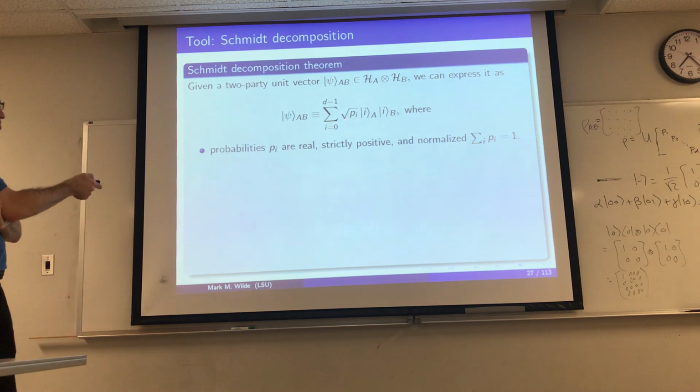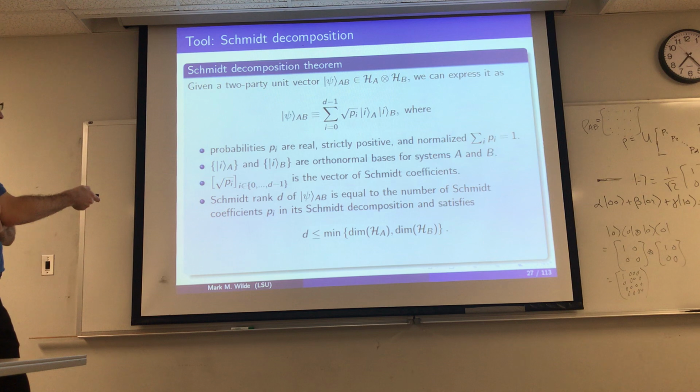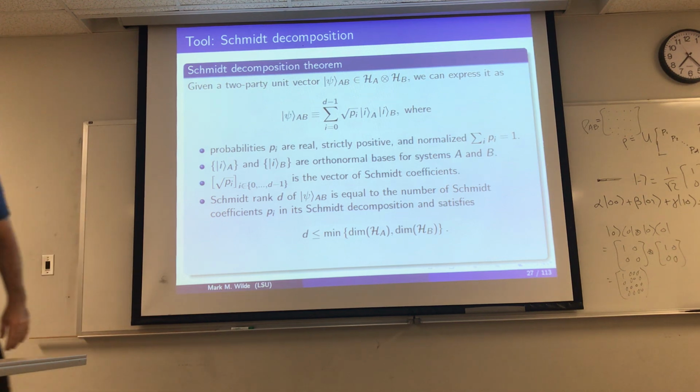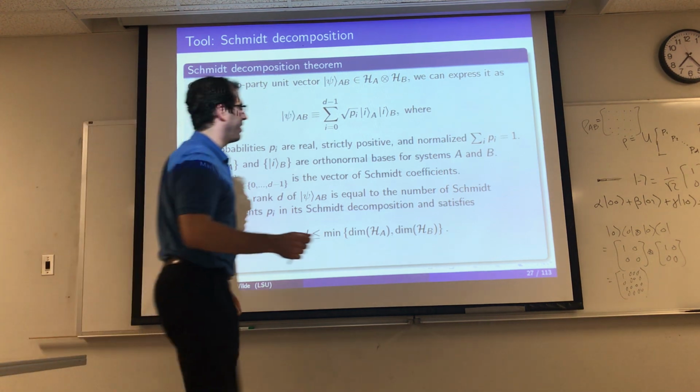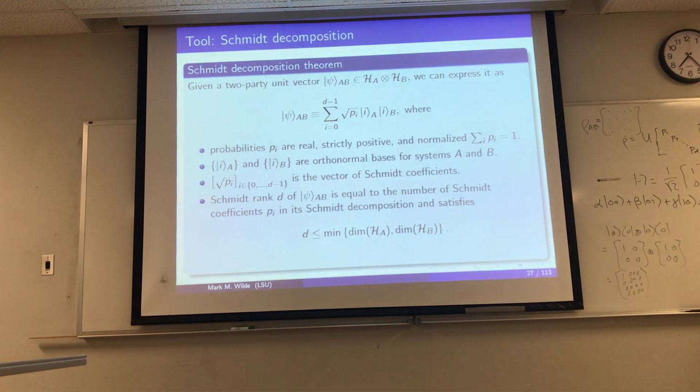So this is extremely useful, and the way that you prove it is, if you're interested in that, we could take any orthonormal basis for the Alice system, any orthonormal basis for the Bob system. I'm calling it J. I suppose we could put phi and maybe psi J in this way.